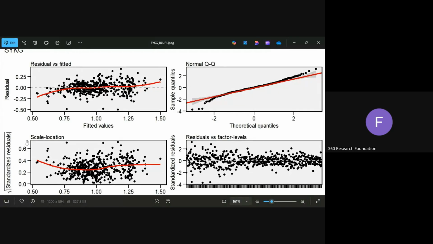Whatever the residuals are, the square root of those residuals is on the y-axis. This plot will check whether the residuals have constant variance or not.